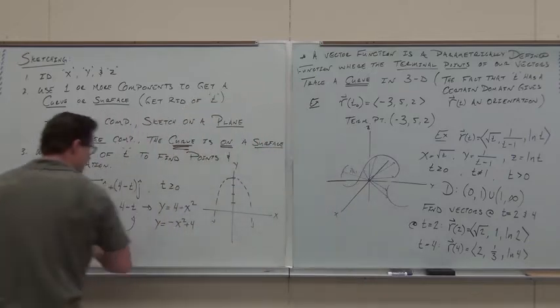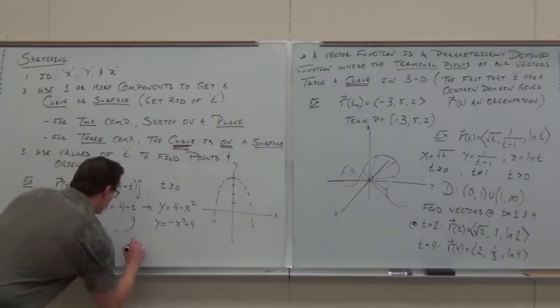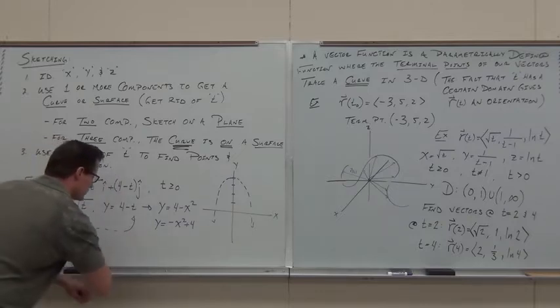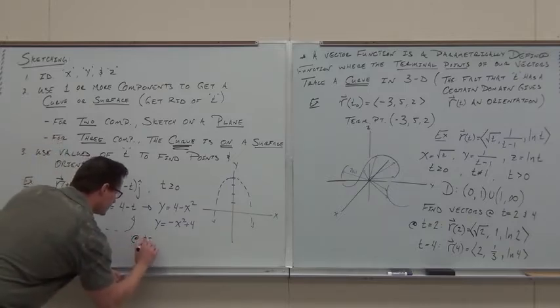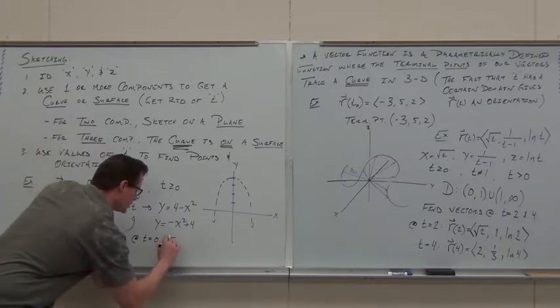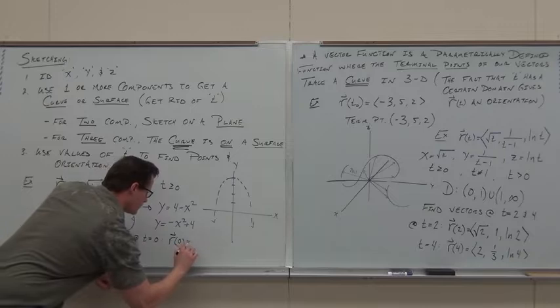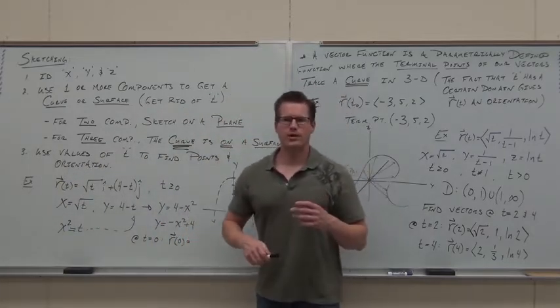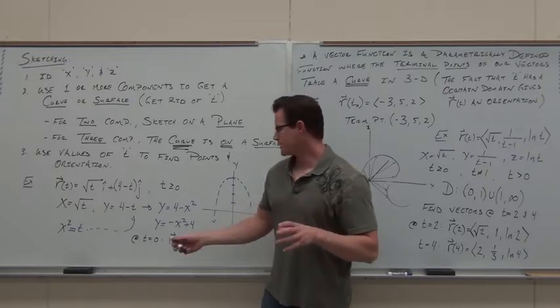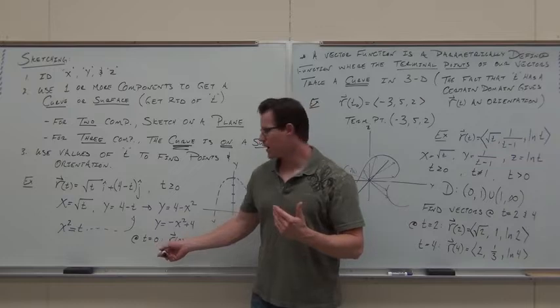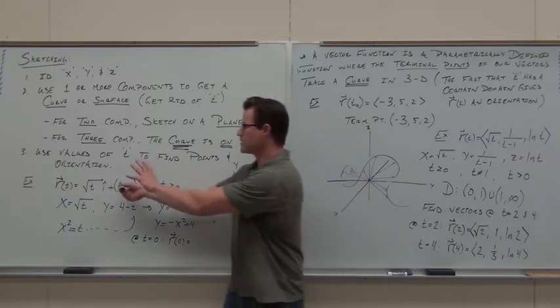So if I plug in t equals 0, listen though, where we're plugging points in, they have to be values of t. They're not values of x or values of y, they're values of t. So we go back and we use this thing.